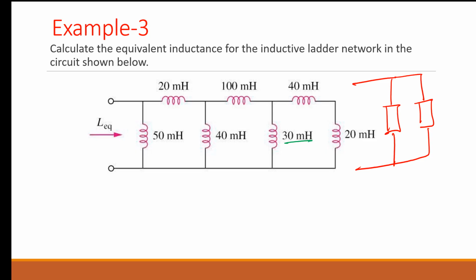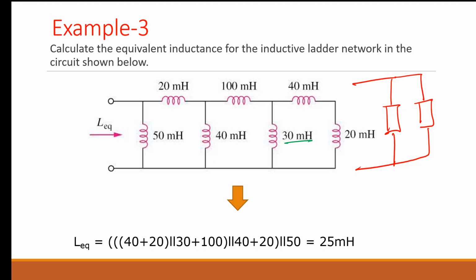Even if it is like that, these two are still in parallel to each other. Do you agree? Now if I put something in between here, are they in parallel now? No, isn't it? So to become parallel, both of them should share the same two points. In between these points, you can't have anything else.